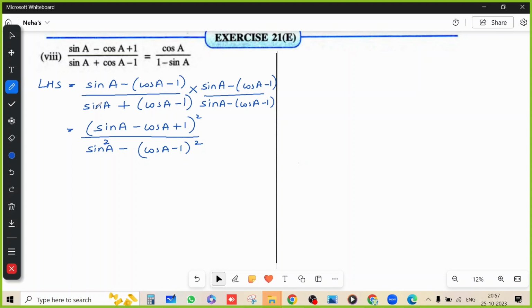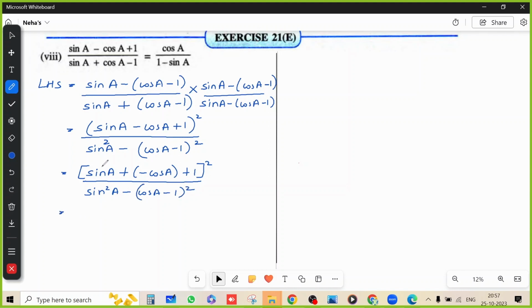This is because the denominator is of the form A plus B into A minus B, which is equal to A square minus B square. Now we can write the numerator as sin A minus cos A plus 1 whole square, and this would be divided by sin square A minus cos A minus 1 whole square.